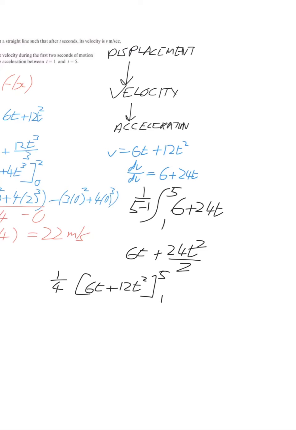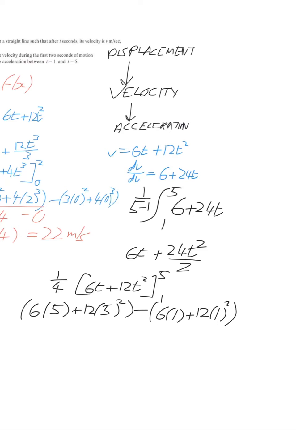So let's sub in 5 and 1 now. So starting with 5, I have 6 then times 5 plus 12 times 5 squared minus then 6 times 1 plus 12 then times 1 squared. Now, so putting that into the calculator, I get 330 minus 18.